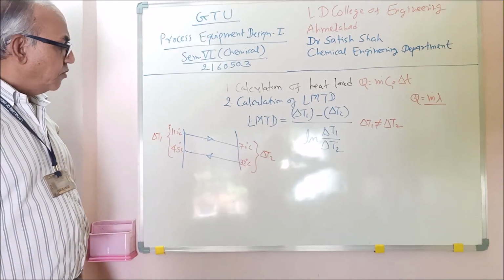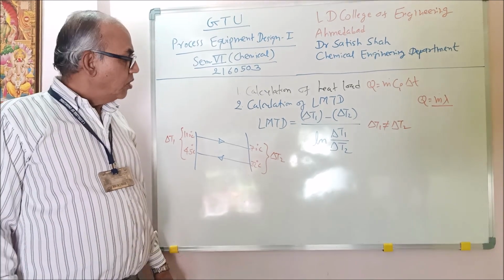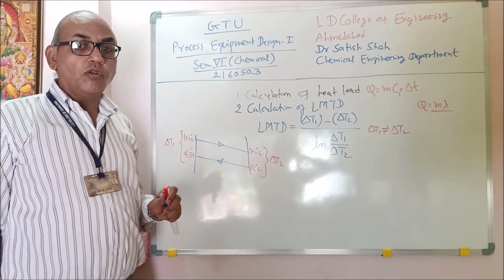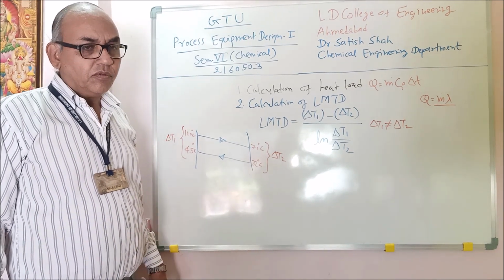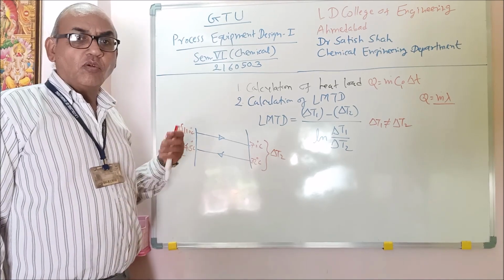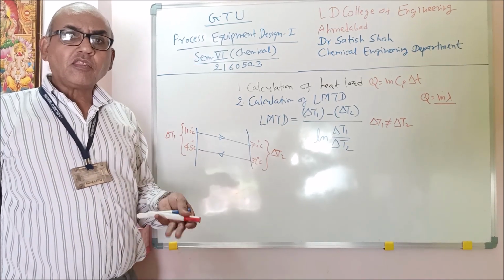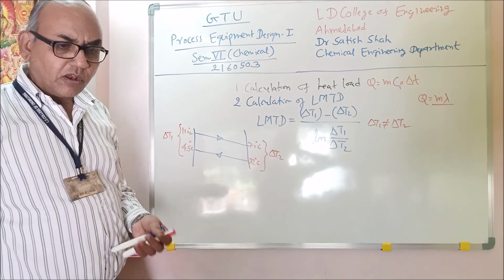But now, as I told you, this is applicable only to counter current flow. But suppose our flow is not counter current. Because when I am taking more than 1 pass, and in most cases it will happen, it will not be counter current flow. So in that case, I have to apply the correction factor. So how to apply the correction factor?